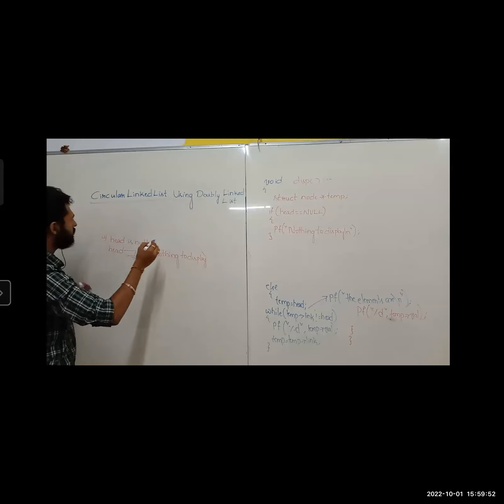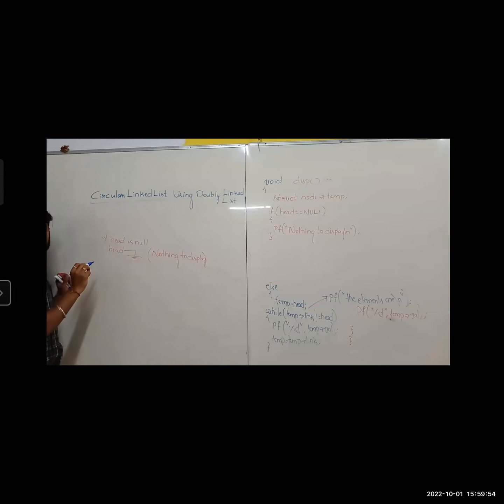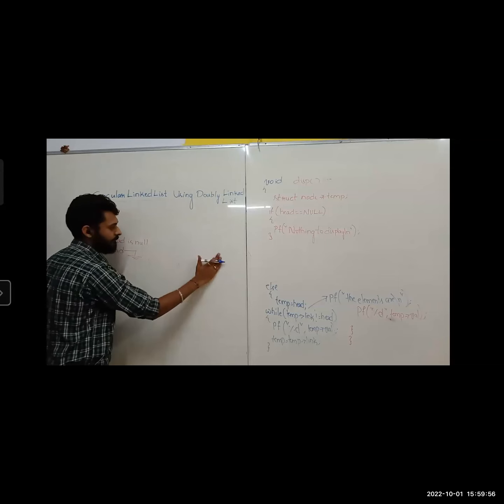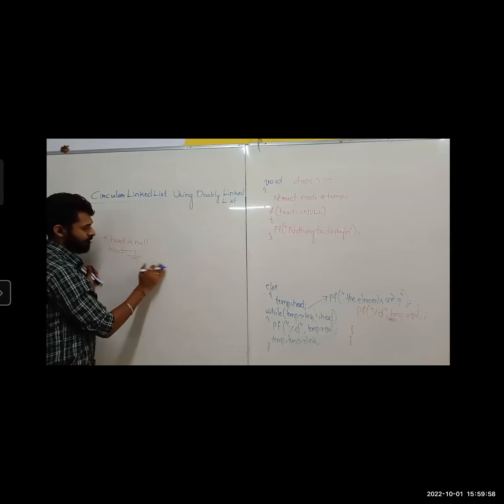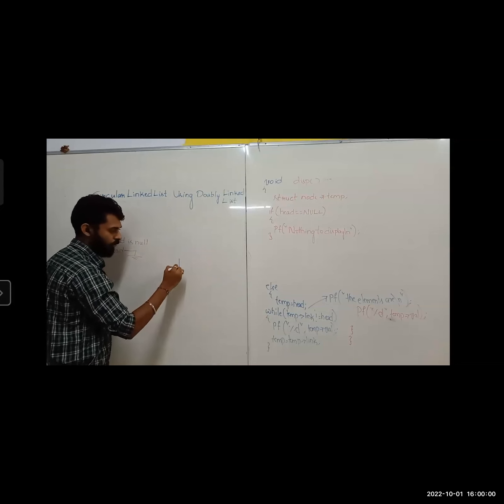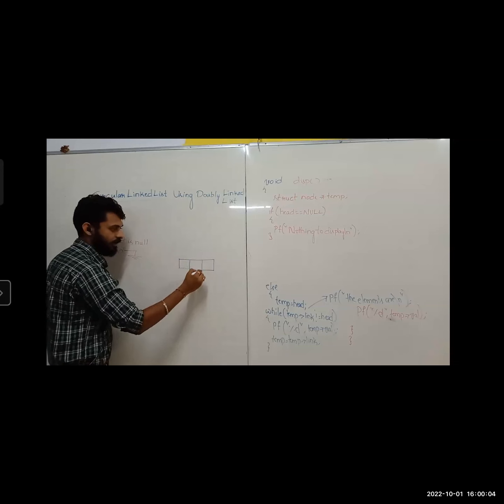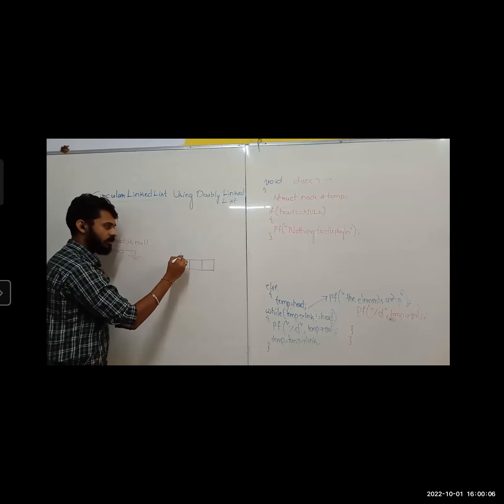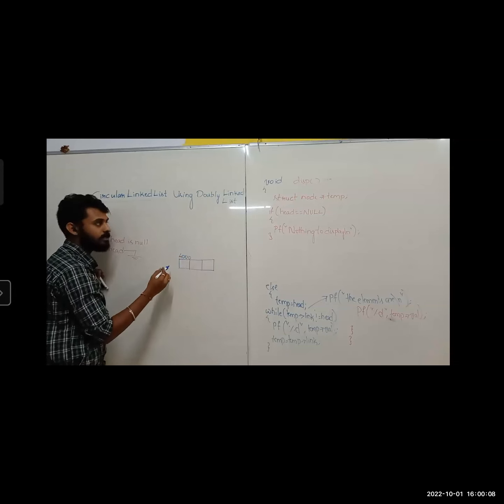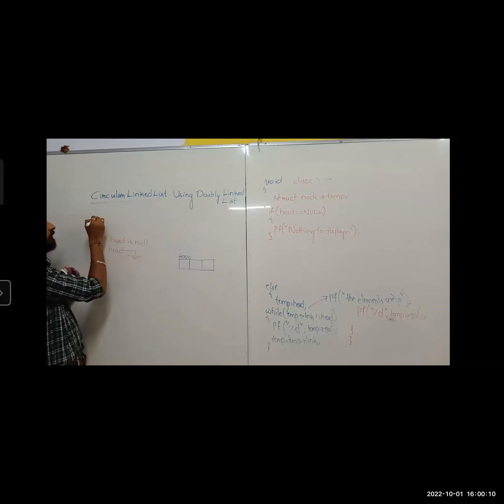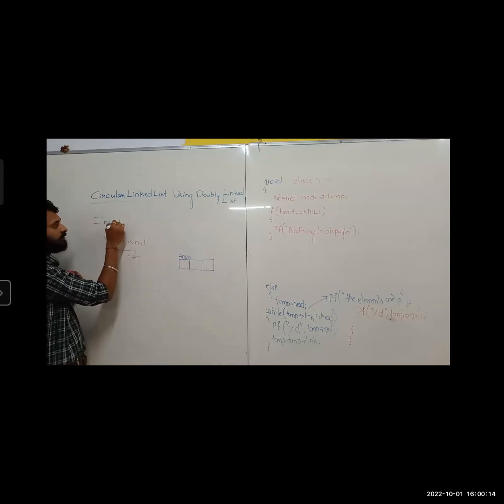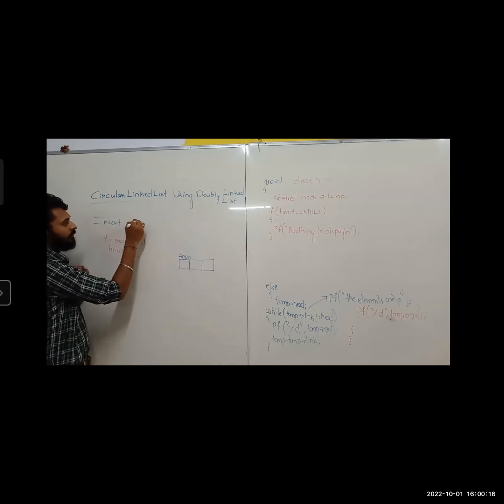Doubly linked list, and the first condition is head is equal to null, which means create one new node first. When it is a doubly linked list, three parts will be there, which means one address also has been created. Here it is: insert at front.